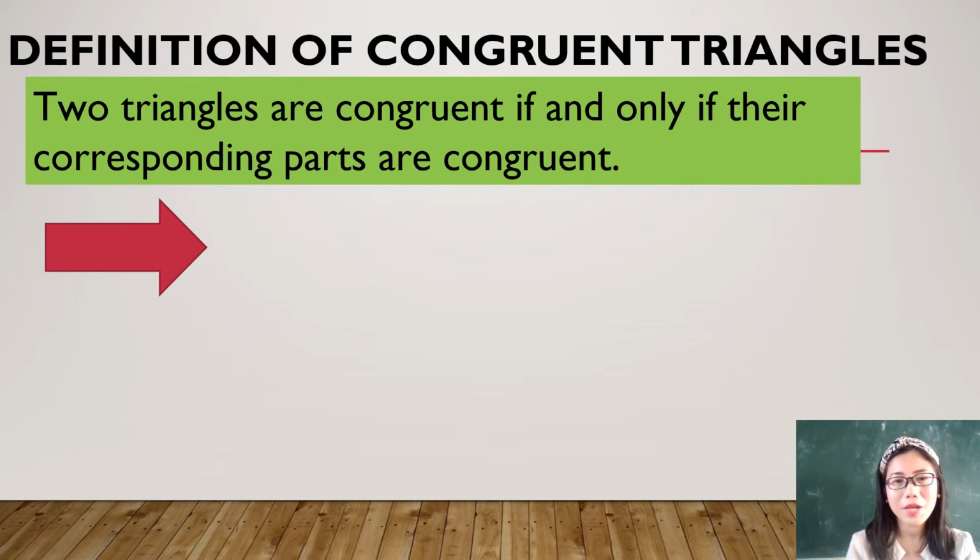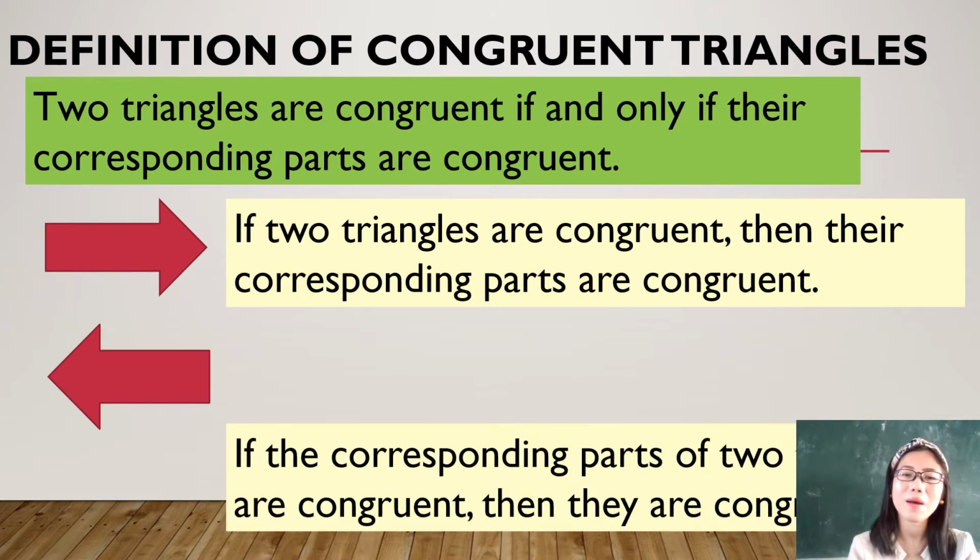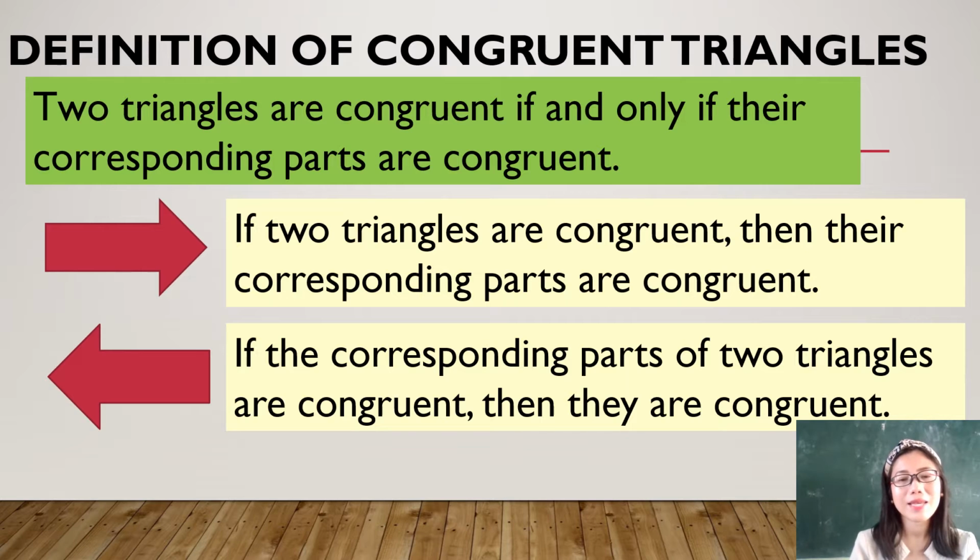First, from hypothesis to conclusion: if two triangles are congruent, then their corresponding parts are congruent. On the other hand, from conclusion to hypothesis: if the corresponding parts of two triangles are congruent, then the triangles are congruent.